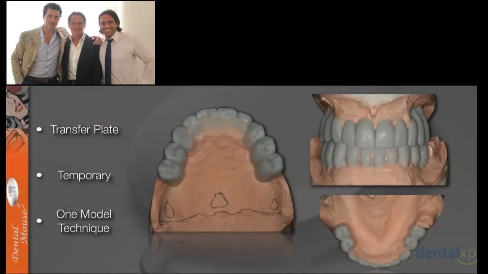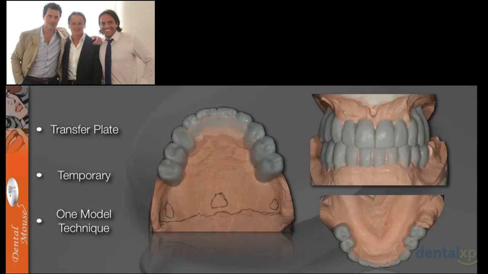What always really amazed Luca is that there is a lot of work, a lot of information that we need to collect in order to start restoring a case. This is basically the diagnostic wax-up, the picture that you saw at the beginning of our case.